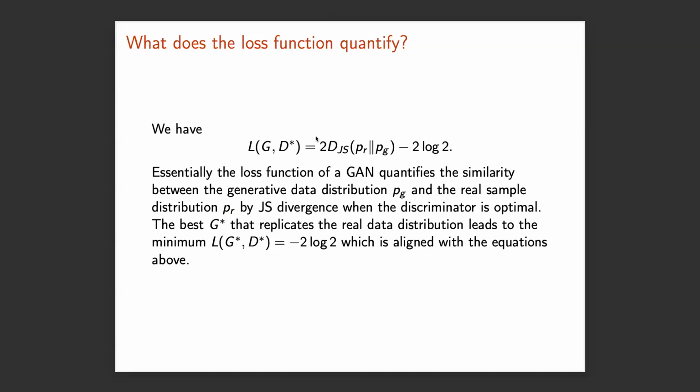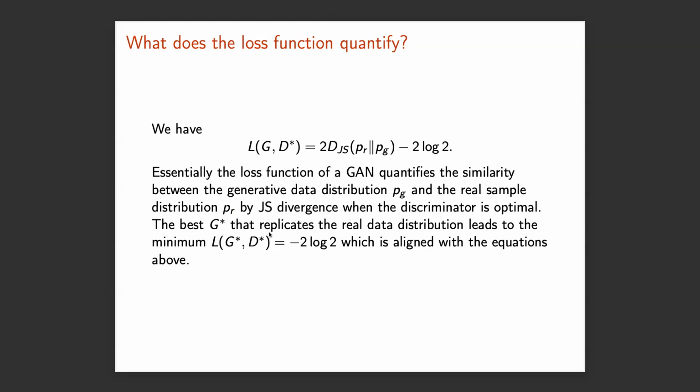And that means that the loss function or cost function is actually given by 2 times this divergence minus 2 times log 2. So essentially the loss function of a GAN quantifies the similarity between the generative data distribution and the real sample distribution by this JS divergence when the discriminator has reached its optimal value.